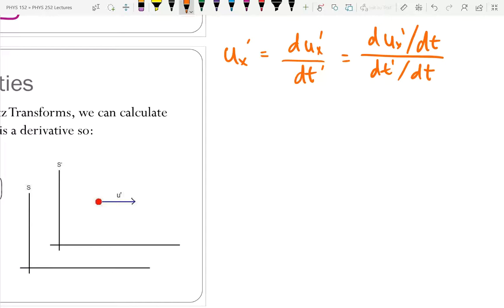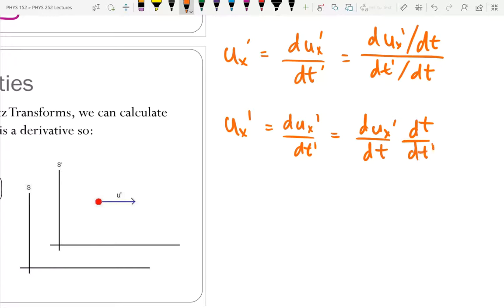What this really is, is the chain rule. That's the explicit chain rule. I have, say, ux prime in terms of time, and I want it in terms of time prime. I just take the derivative with respect to time, and then the derivative of time with respect to time prime. So what I have is basically the chain rule.